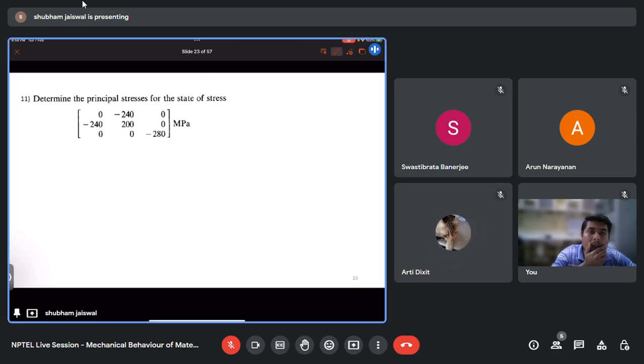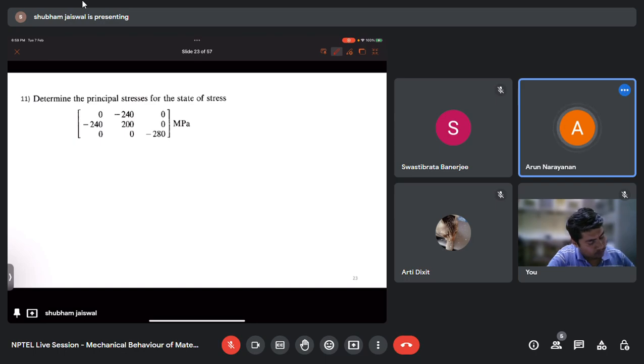Please try to solve this question. Determine the principal stress for the state of stress. So which equation should I use here? Sigma cube minus that one.